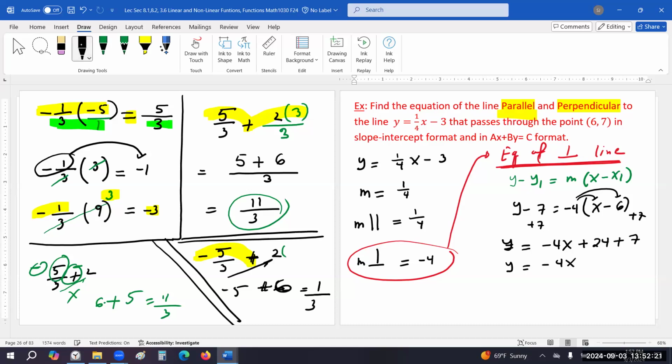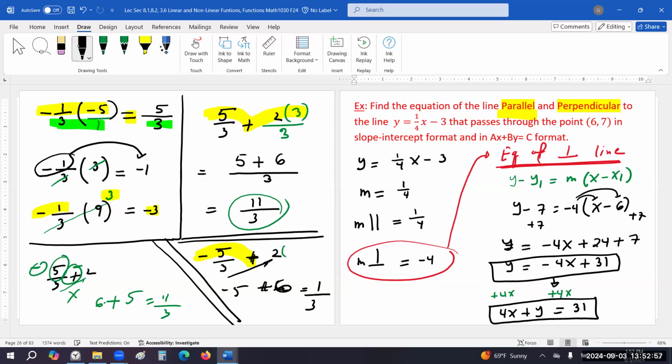That gives us 31. Perfect. This is the slope intercept format. And if you convert this into standard format, you add the 4x. So 4x plus y is 31. Right?